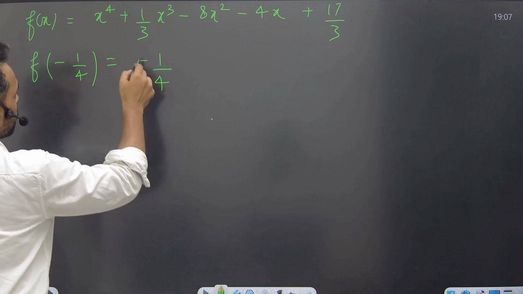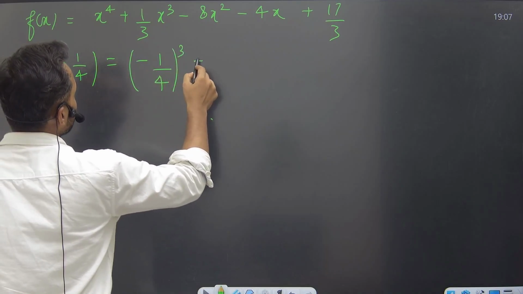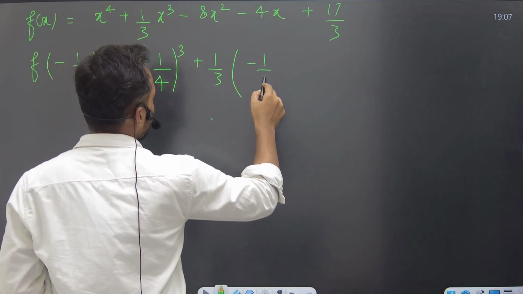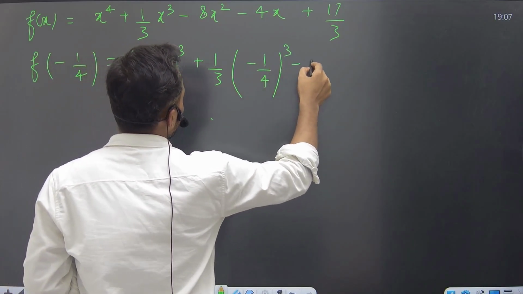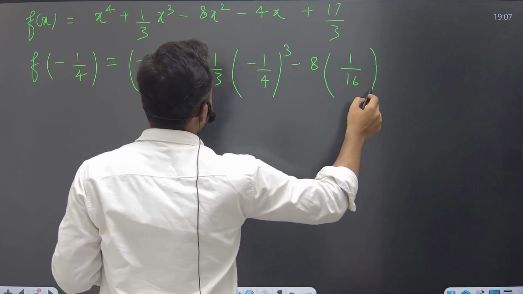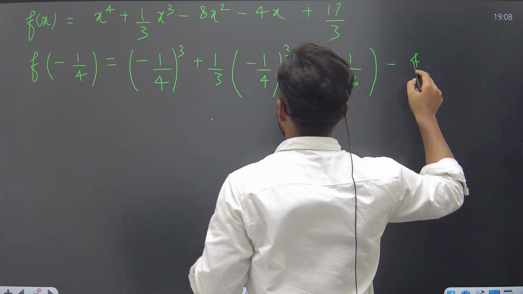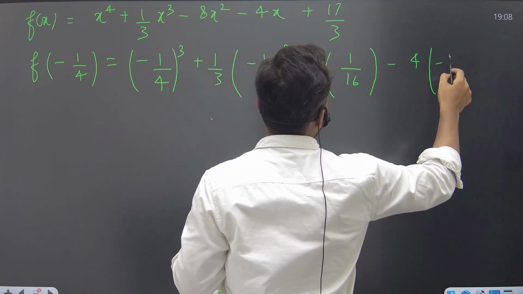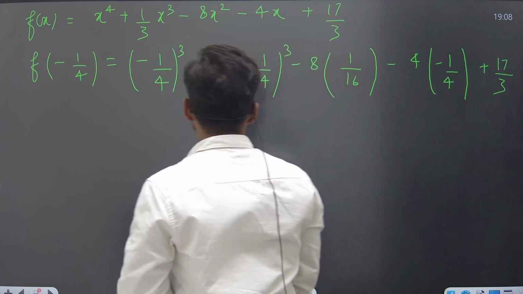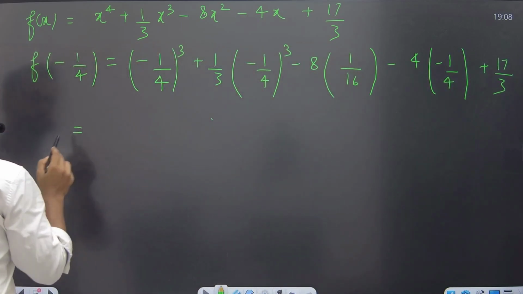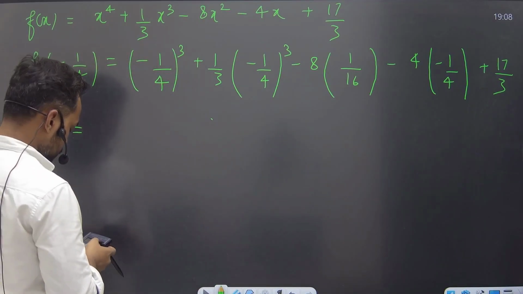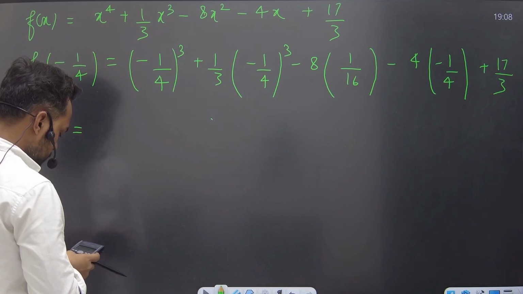So what you will get? Negative 1 by 4 to the power 4, plus 1 by 3 x to the power 3, that is minus of 1 by 4 to the power 3, negative 8 x squared will be again 1 by 16, negative 4 cross of minus 1 by 4 plus 17 by 3. Okay, so here we will get negative 1 by 4 to the power 4, so you will get, I guess, 64 if I am not wrong.